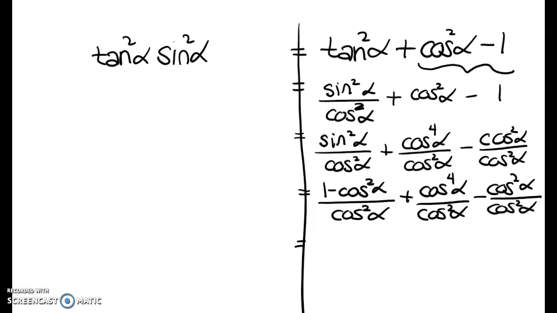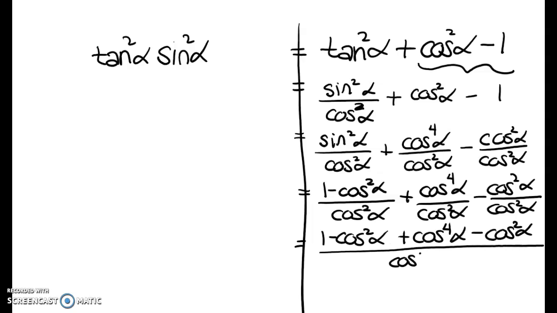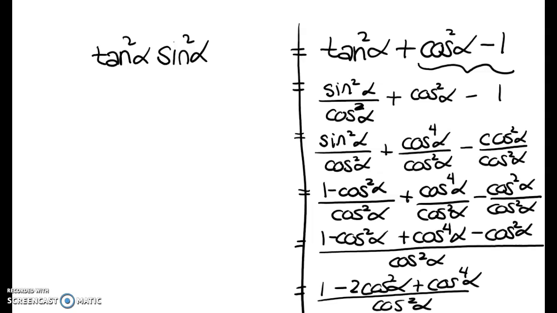And now when I join everything into one fraction, minus cosine squared alpha all over cosine squared alpha, I see that I get, let's see, 1 minus 2 cosine squared alpha plus cosine to the 4th alpha all over cosine squared alpha.